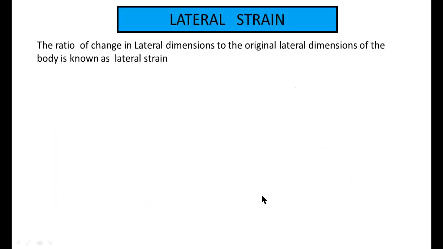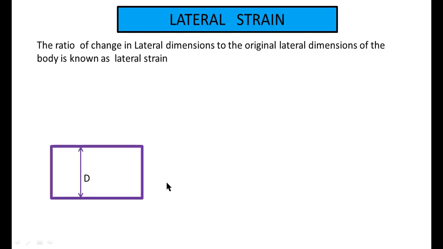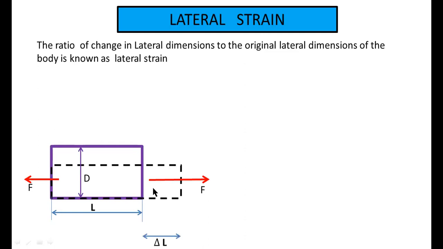Now lateral strain. The ratio of change in lateral dimensions to the original lateral dimensions of the body is known as lateral strain. Here I am considering the same example as the previous one. When you are applying two equal and opposite tensile loads, there is an increase in length and decrease in diameter.